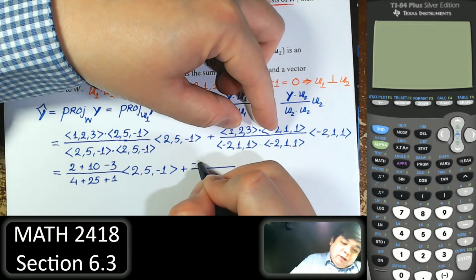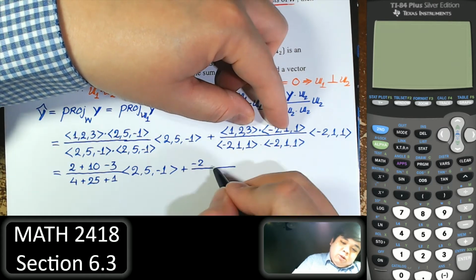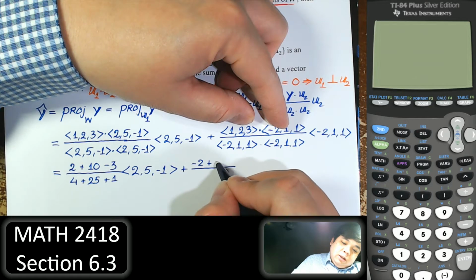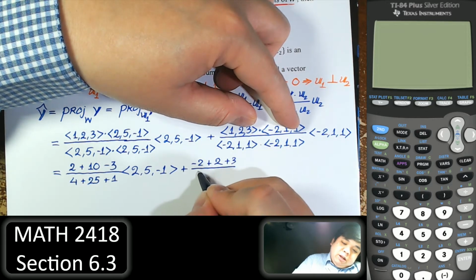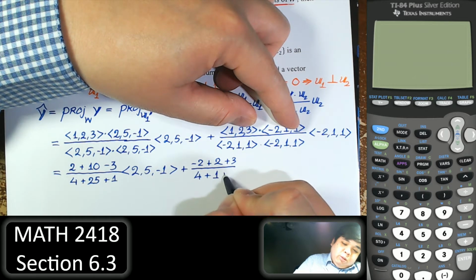Then for u2, negative 2, 1 times negative 2, 2 times 1, plus 3, and at the bottom negative 2 times negative 2 is 4, 1 times 1 is 1, 1 times 1 is 1.